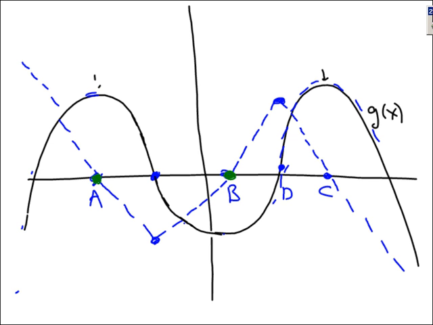I must cross at B, and I max out at D, and we'll call that E, and min out at E. So these dashed lines are very, very helpful.